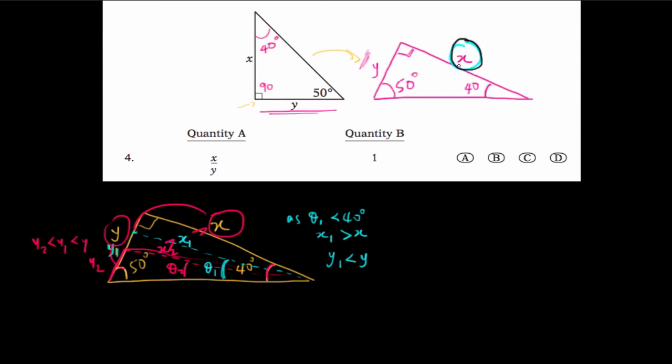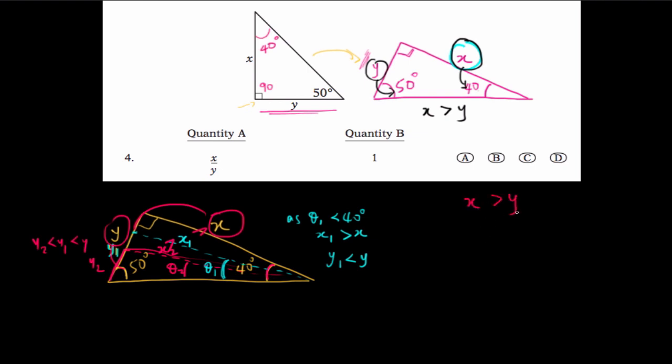Since x here corresponds to the side with the smaller angle, and y corresponds to the side with the larger angle, any side that corresponds to the smaller angle is going to be greater than the side that corresponds to the larger angle. In other words, x is greater than y, and the demonstration was seen in the picture that I drew here.